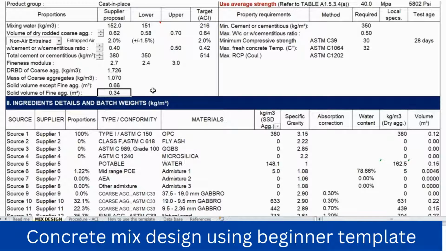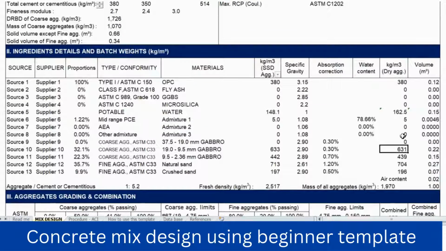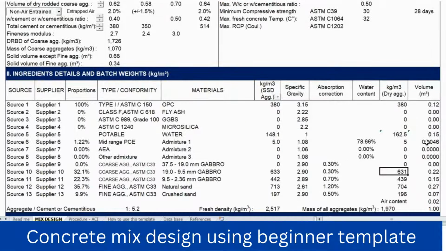And so now the remaining will be a solid volume of fine aggregates, which is 0.34. And now we have to go one by one. I will guide you how this calculation or how this value came.